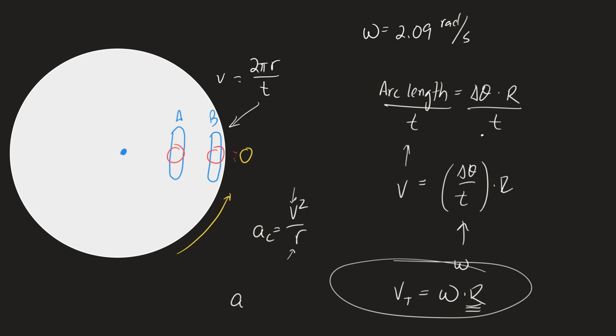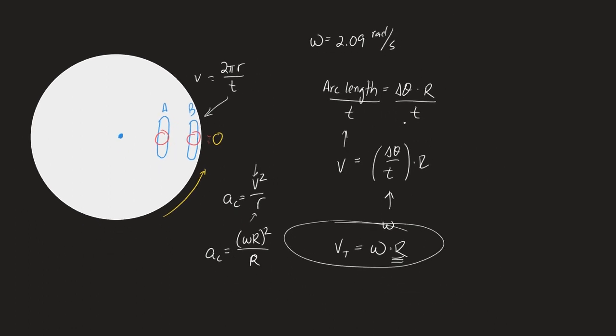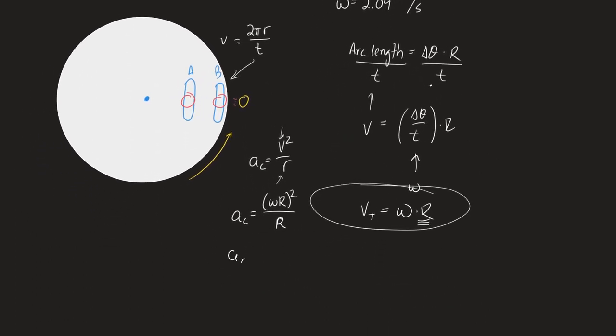But you guys are smart kids. You could do a substitution here and get the centripetal acceleration in terms of the angular speed and not the linear speed. This is important. If you do the math here, you find out that you have an expression for the centripetal acceleration in terms of the angular speed of the object.